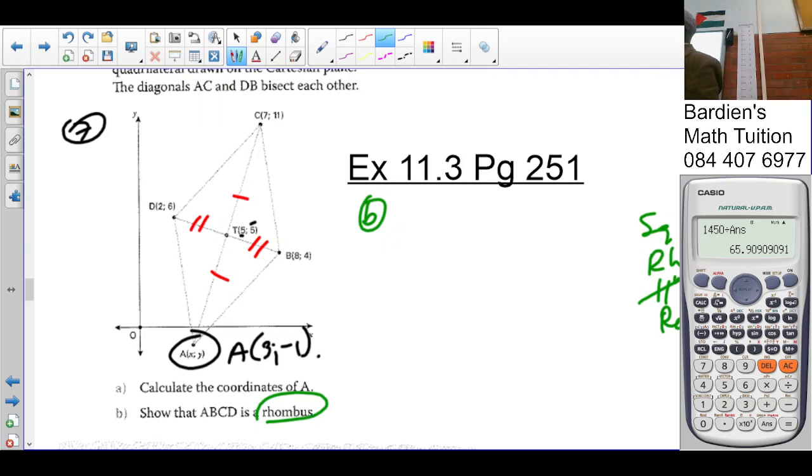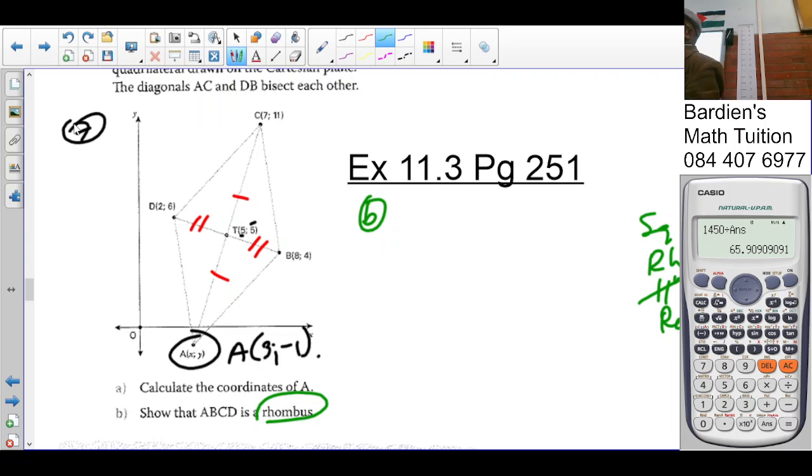All sides are equal? Opposite angles are equal? That's in a parallelogram already. Diagonals bisect each other? Diagonals bisect the vertex angle? There's one more. The 90, yes, that's the one I'm looking for.